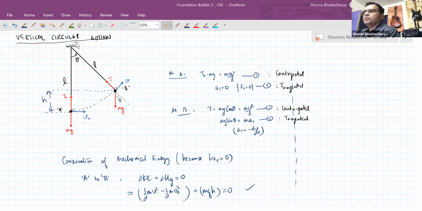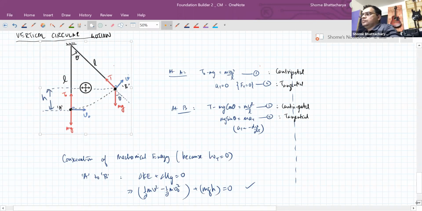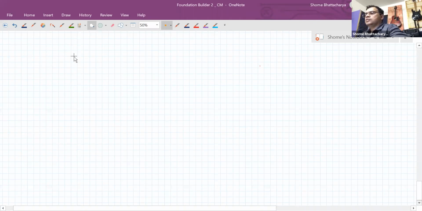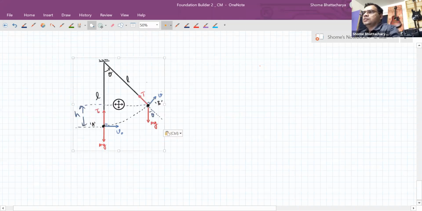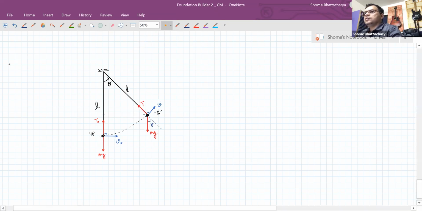Okay, so now let's see a numerical problem related to these equations being applied. So we have a given situation like this now. So in this example, the length of the thread is 20 centimeters long.